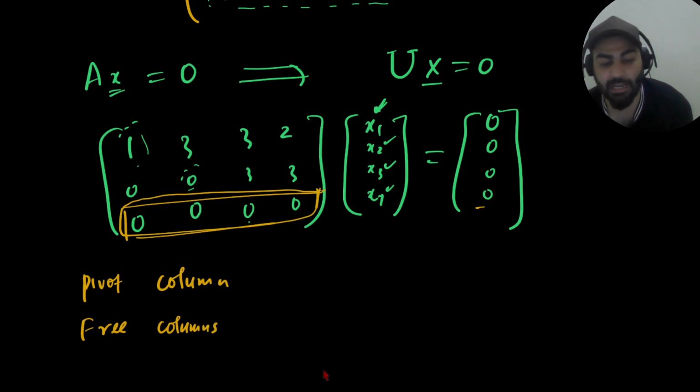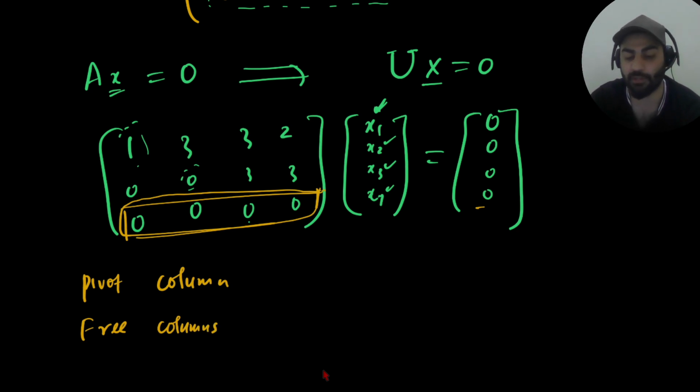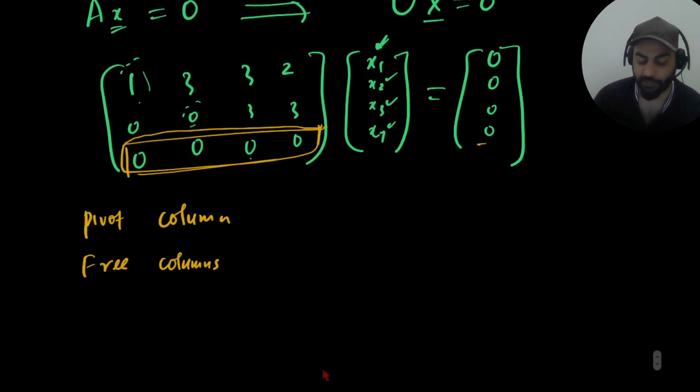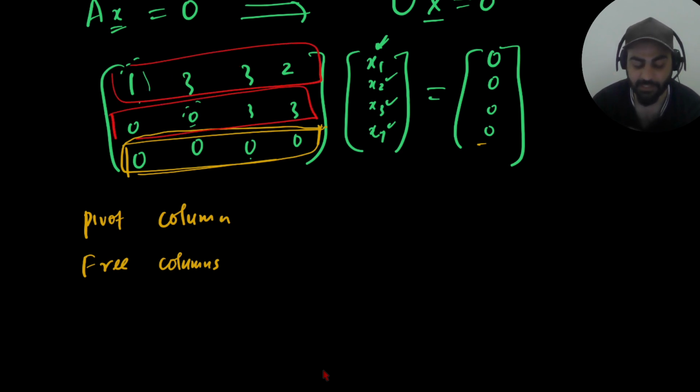So I got two types of columns, the pivot column and the free column. Now in order to find the solution, I can expand this equation first. I'm taking this in detail because I want you to understand, because many times you will be solving equations like this.